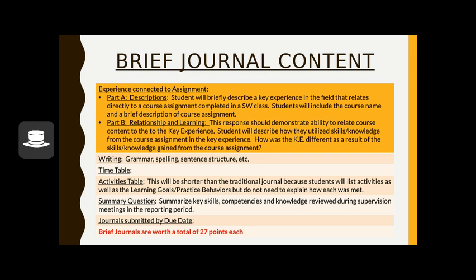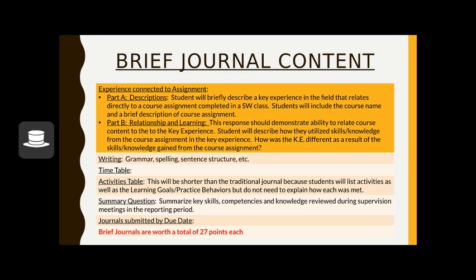And then there's a summary question, which I really like, which we have added, which is to summarize skills and competencies and knowledge that have been reviewed in your supervision meetings. So what's occurring? This gives us a picture of what is occurring during your supervision meetings with your students.